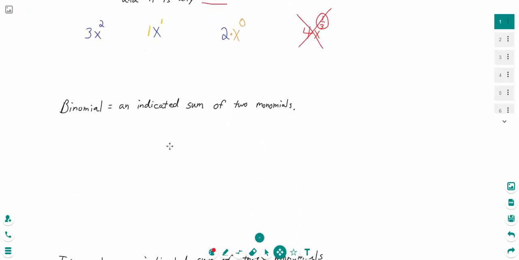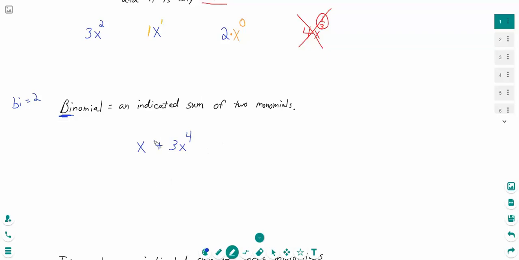So the next one is a binomial. All right? So a binomial, you can see the prefix bi in here, and bi indicates 2, right? Whenever we see bi, we should think of 2. So this is a 2-monomial, an indicated sum of 2 monomials. So pick your favorite monomials. Maybe it's an x. Maybe you like the invisible parts. Or maybe it's a 3x to the 4th, something like that.